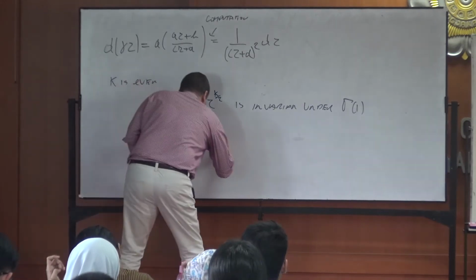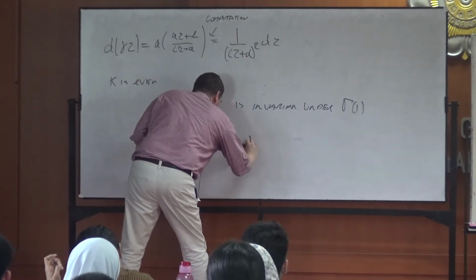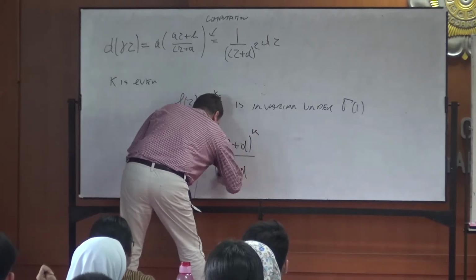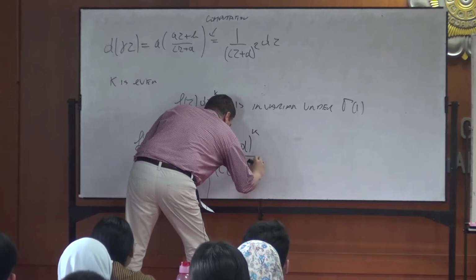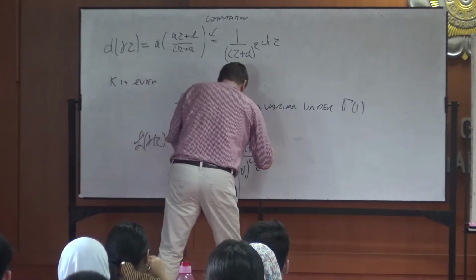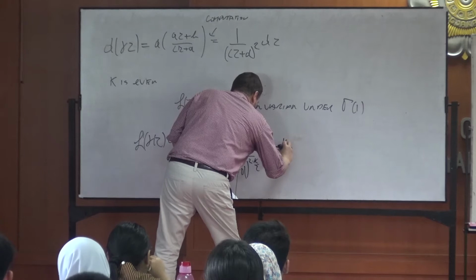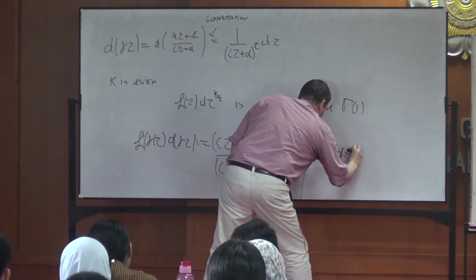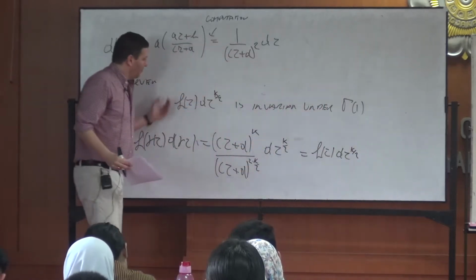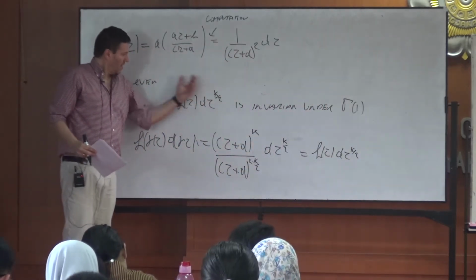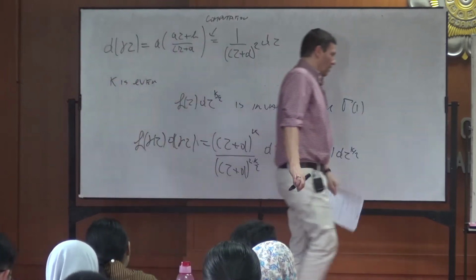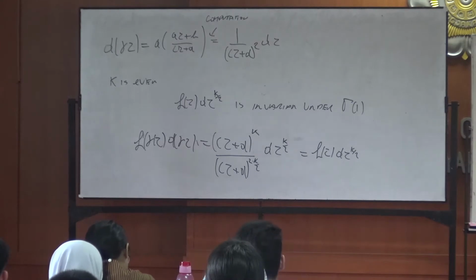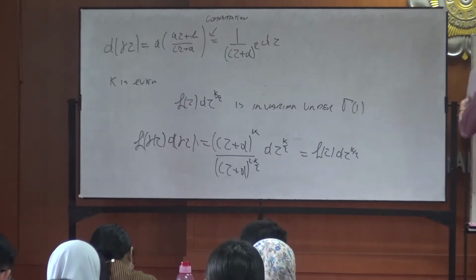This is just (c tau plus d) to the k, times (c tau plus d) to the minus 2 times k over 2, times d tau to the k over 2. And so it's just f of tau d tau to the k over 2. So you get that these forms associated to the weakly modular function are invariant.